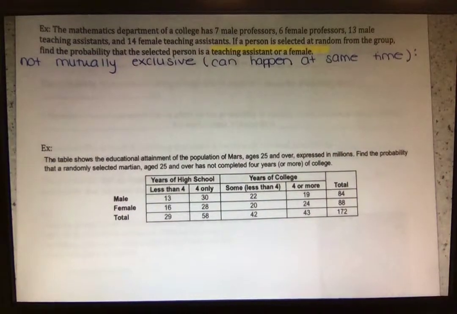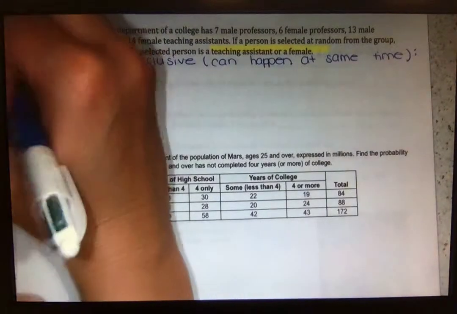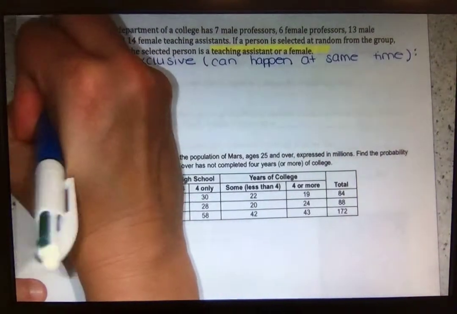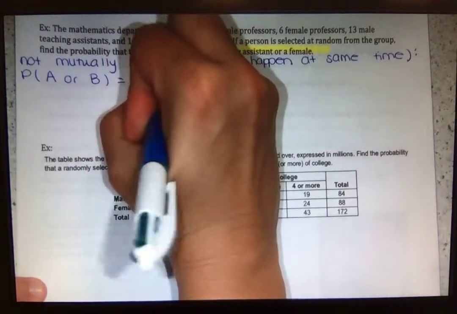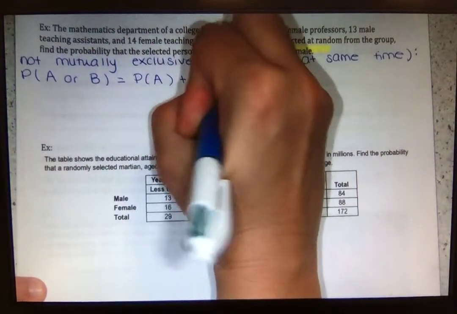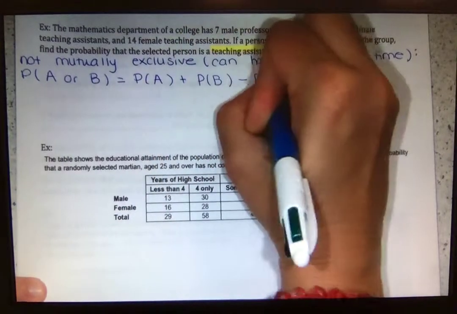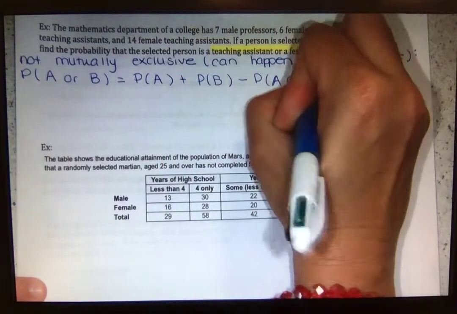So we're going to use the same formula that we did on the previous problem. The probability of A or B is the probability of A plus the probability of B minus the probability of both A and B happening.